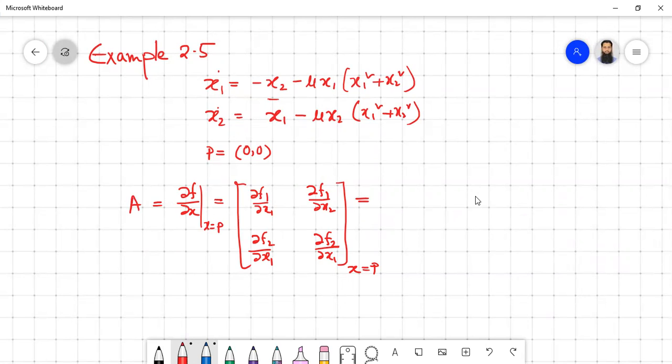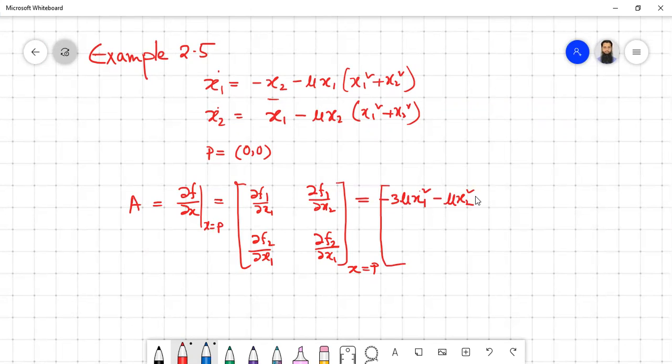If you multiply out, it is minus mu x1 cube, so 3 x1 square will come: minus mu minus 3 mu x1 square. And the second one, x2 square is constant, so you get minus mu x2 square.